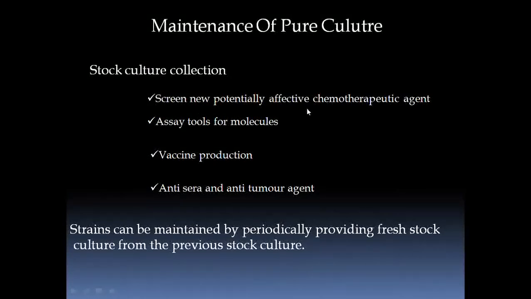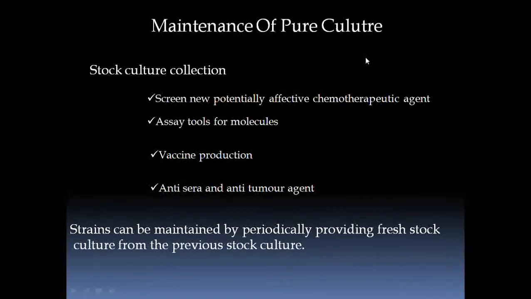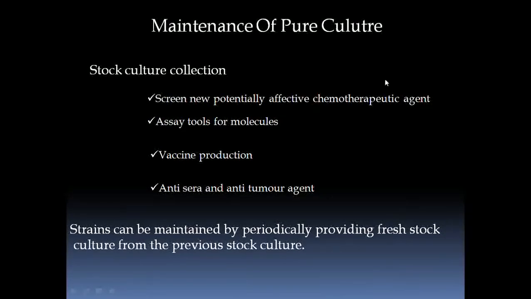The first one is screening. Screening means if I have a specific pure culture of a specific organism, say for example E. coli, I can check my chemotherapeutic agent, I can screen how effective it is over a specific strain, because all the colonies in that specific population will get affected if the chemotherapeutic agent is effective, right?